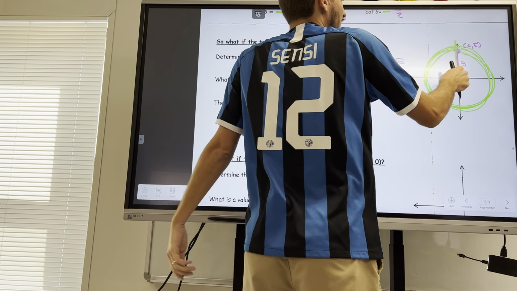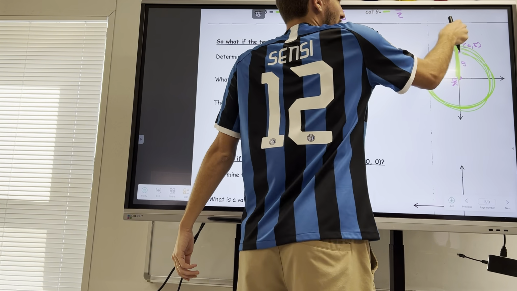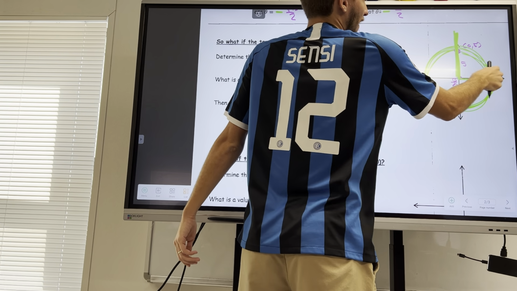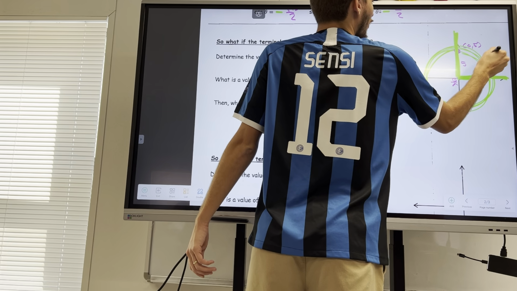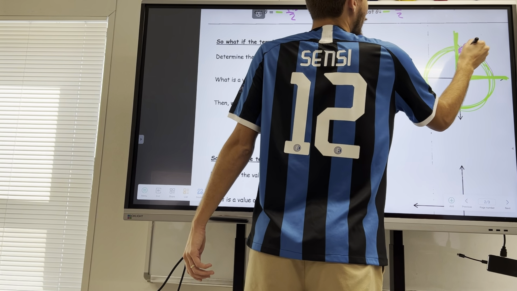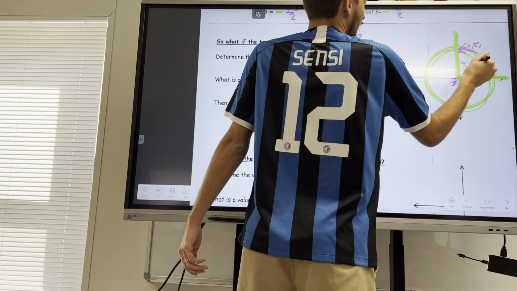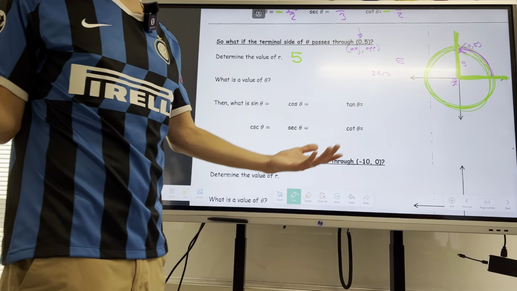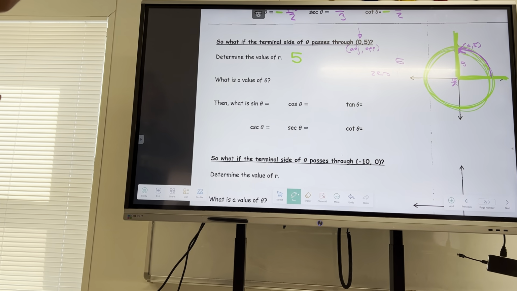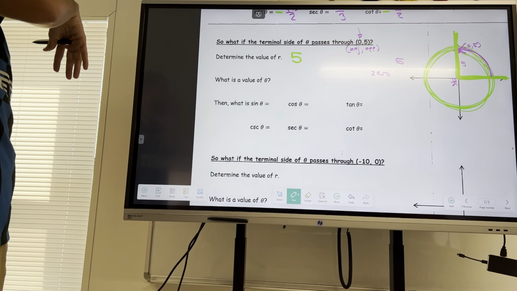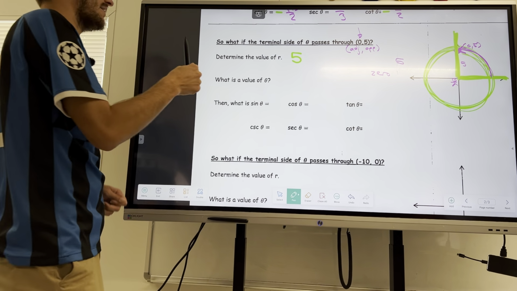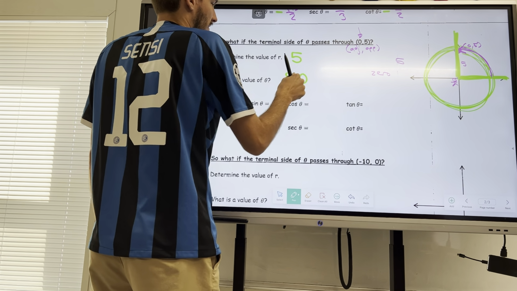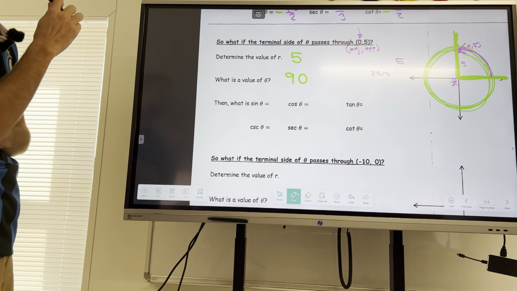But if we think of it like this, here's where we are, here's where we normally start, and how far around the circle did we go? Did we go 50 degrees around the circle? Did we go 180 degrees around the circle? We've gone 90 degrees here. So our value of theta, we're going to go with 90.